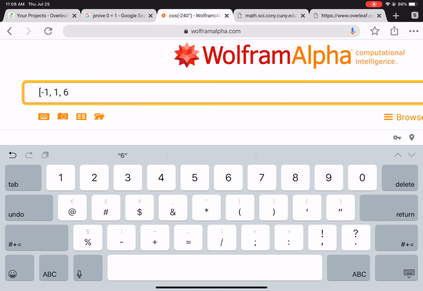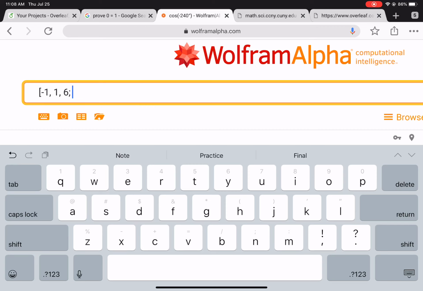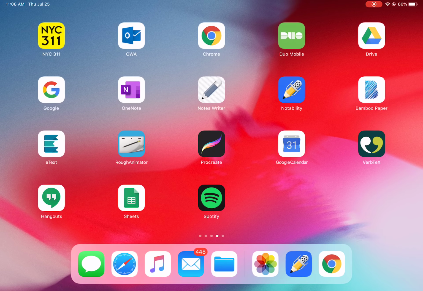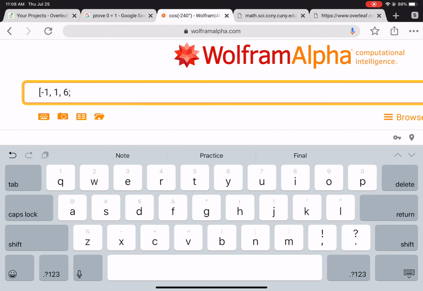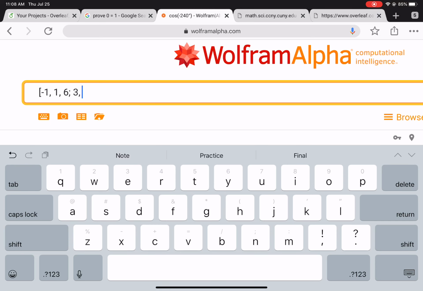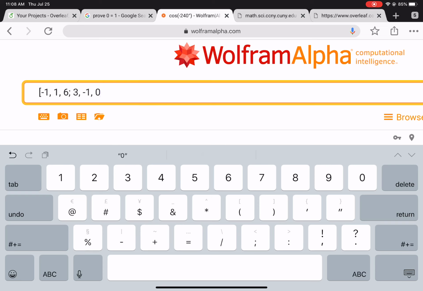To move on to the second row, we are going to put a semicolon like this. And what is the second row going to be? 3, comma, -1, and 0. Let's see if this understands what I'm doing, right?